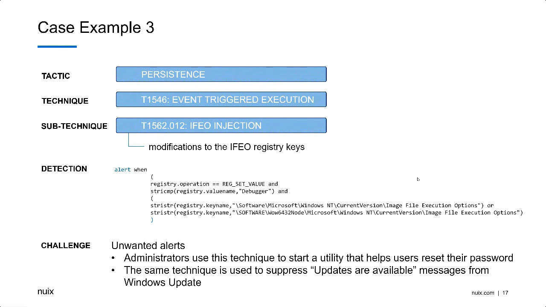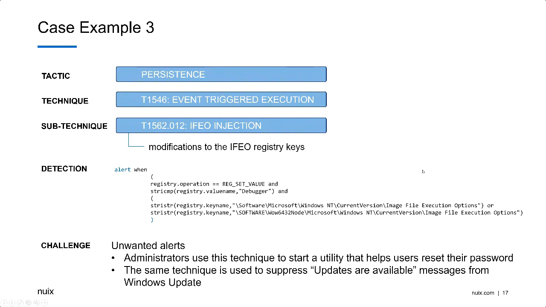And another way that this was being used is to suppress the end users from seeing the updates are available message that Windows Update puts out. So in those two very different kind of things, what you have is authorized activity living inside the very same tactics that the SolarWinds attackers used.